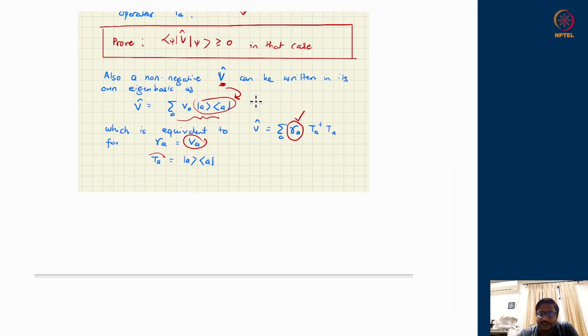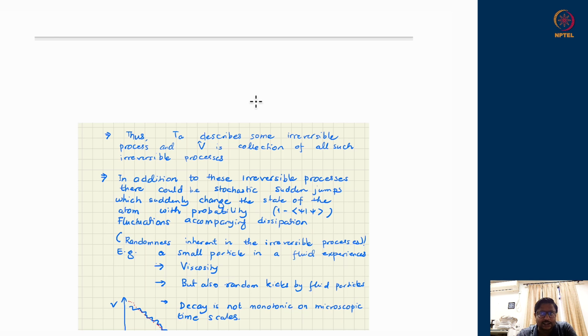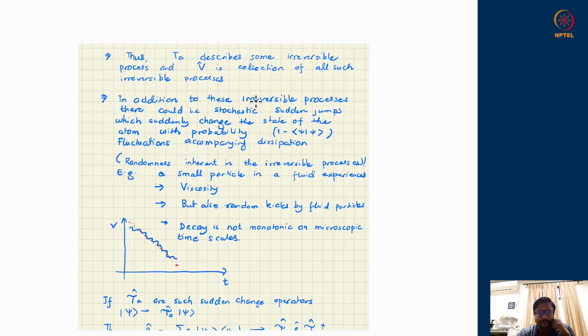But most of the times, any dissipative process is happening because we are not able to account for so many interactions it underwent, and many of these interactions are quantum in nature. So they are suddenly kicking the atom in a particular way so that its trajectory is slightly distorted, and a collection of a large number of such kicks makes the state suddenly jump on a microscopic time scale from one point in the Hilbert space to another point in the Hilbert space, and so on.